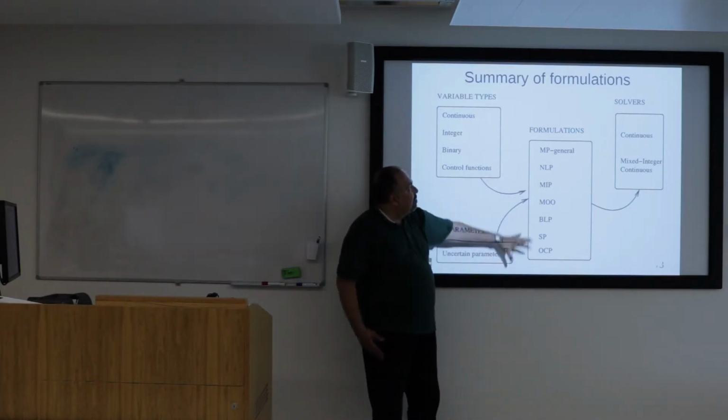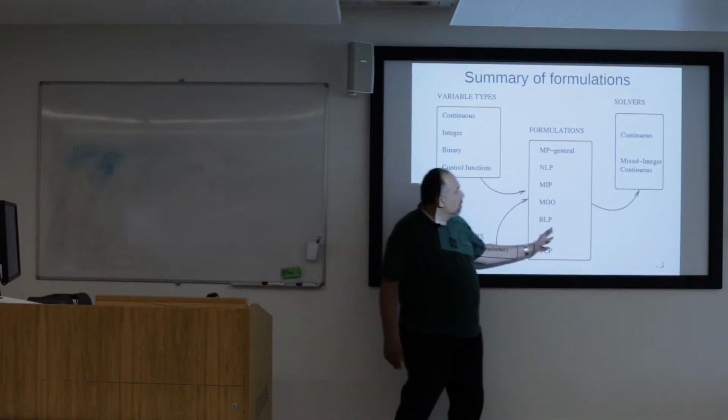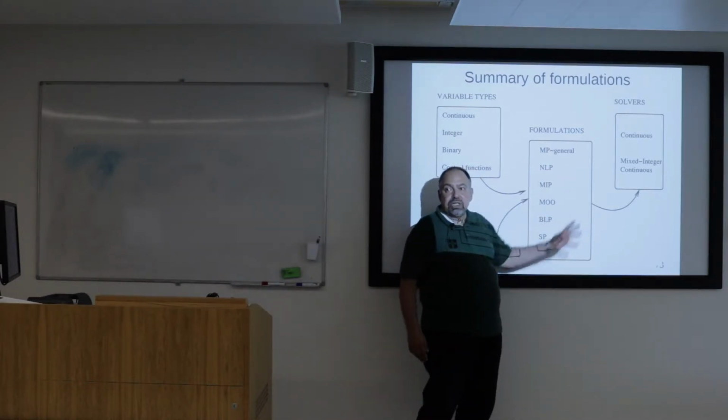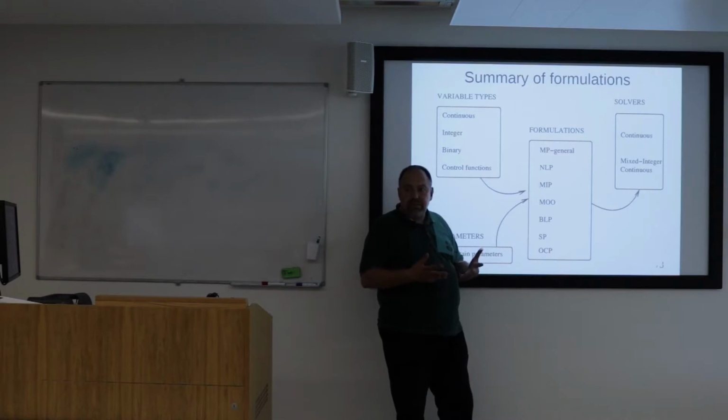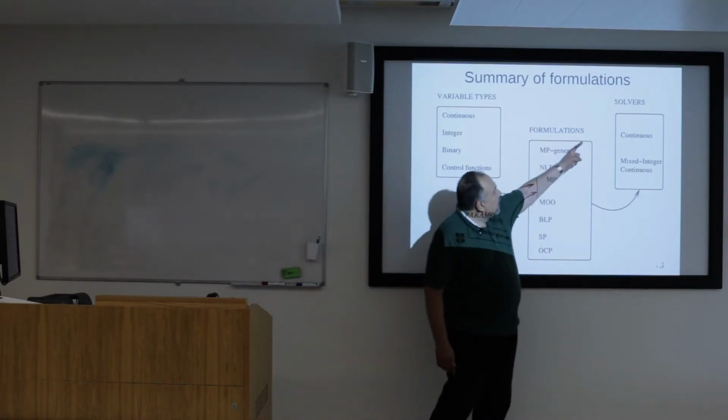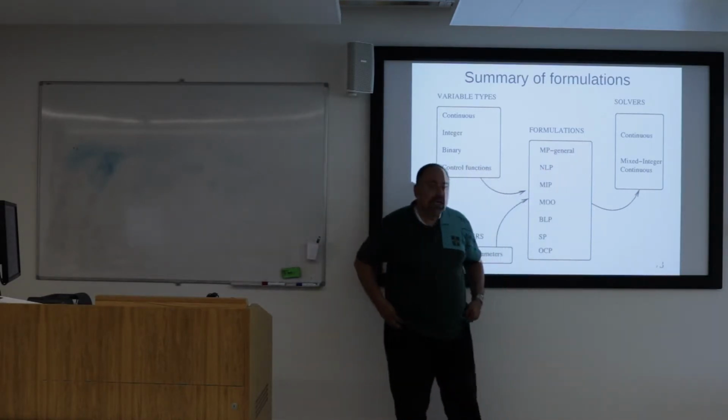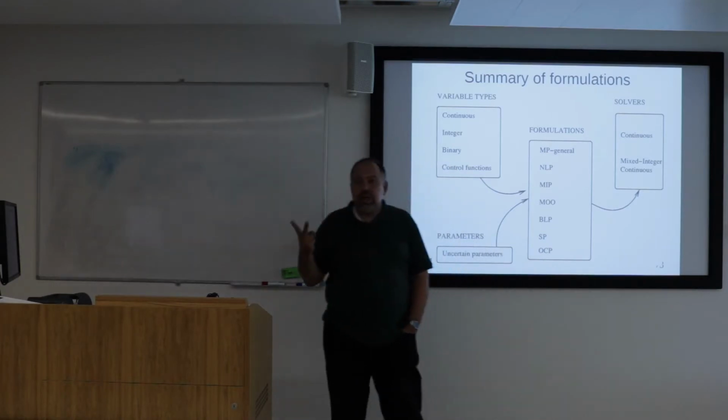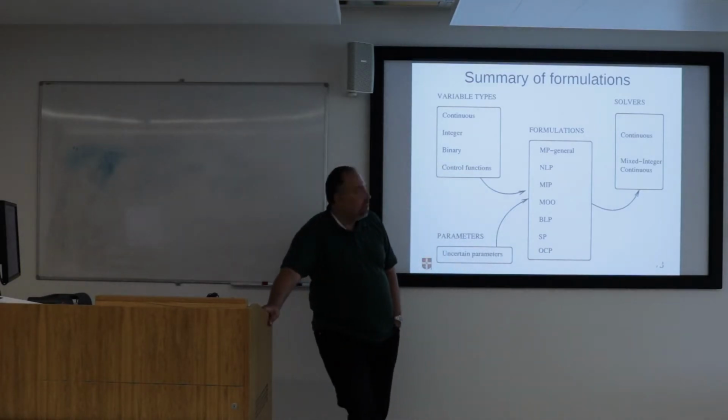So these are the formulations nonetheless, and what we strive to do with these formulations is somehow reformulate them so that they can be addressed with the existing types of solvers, which are only two types. One is for continuous variables, and the other one is solvers which are able to deal with mixed continuous integer variables.